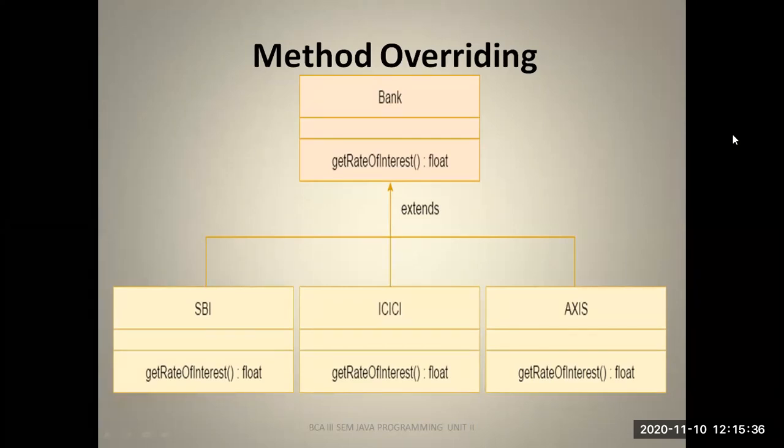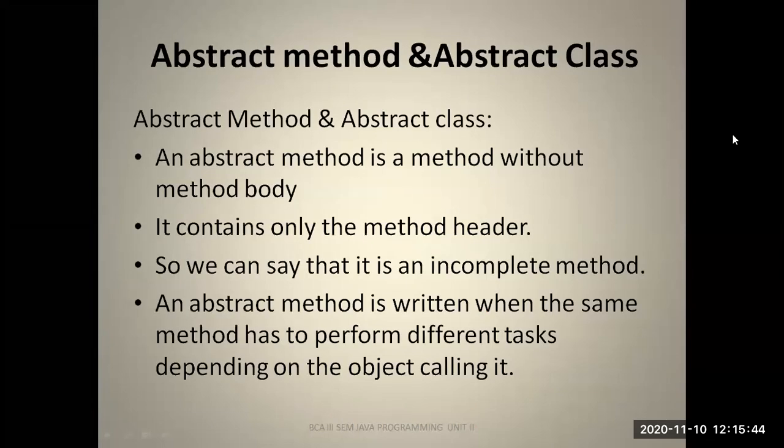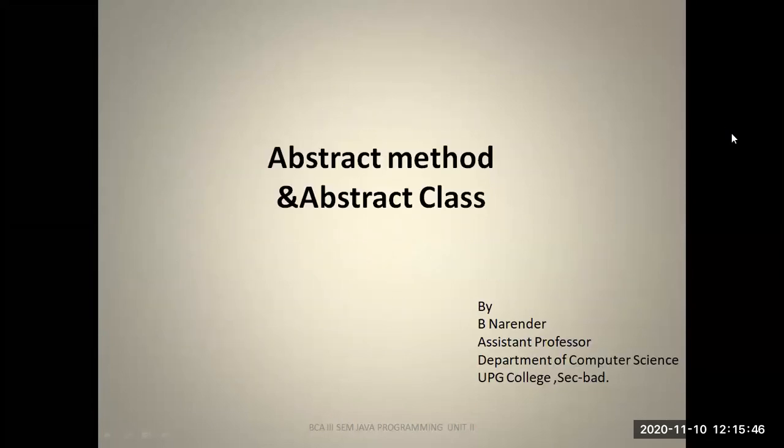Next, let us get into the important topic called abstract class and abstract method. What is an abstract method? Then we will look at the abstract class. Before we get further into the details, let me clear the topic regarding method overriding.